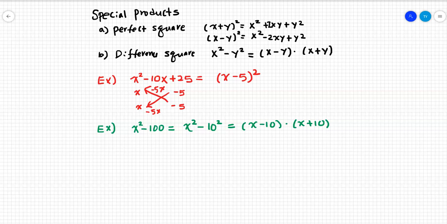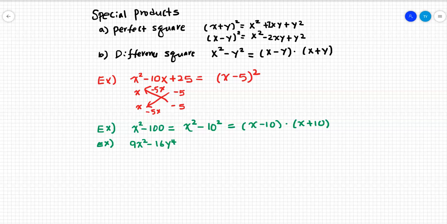Now, sometimes we do have a coefficient in the front. Okay, so we have 9x squared minus 16y to the 4. If you think this is going to look like the difference of square, you're going to have to make it look like it, right?